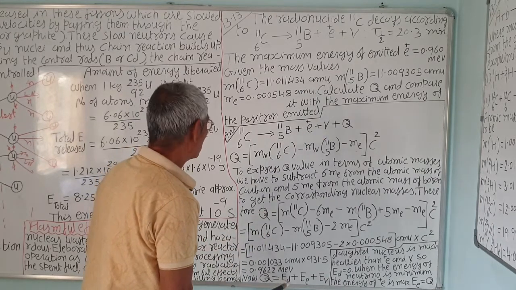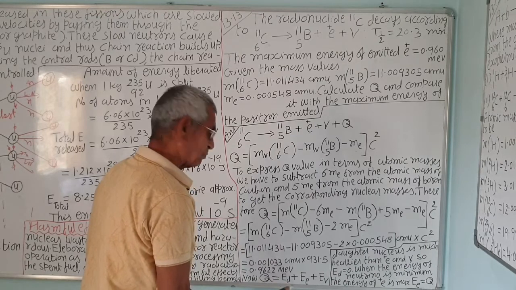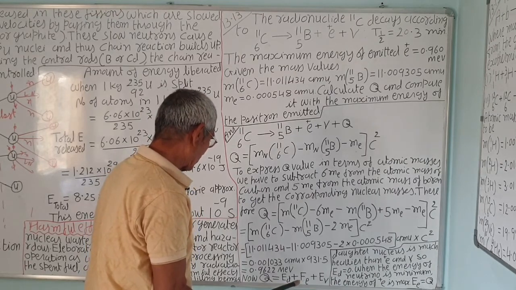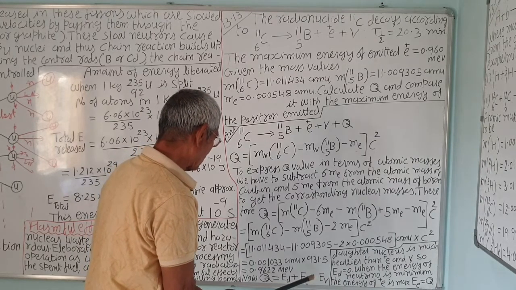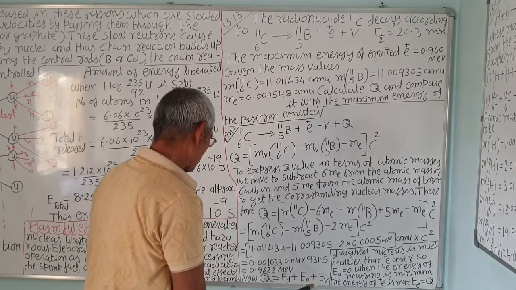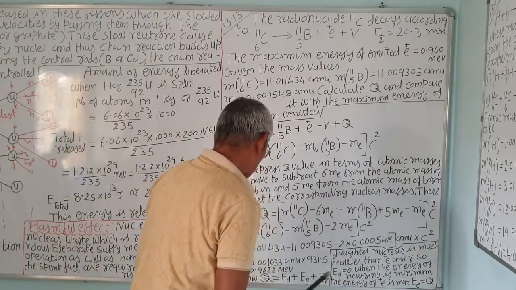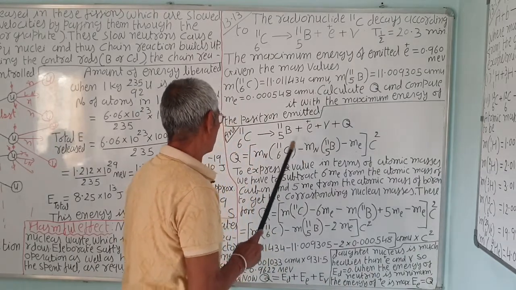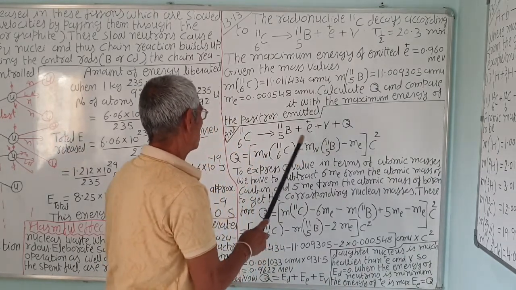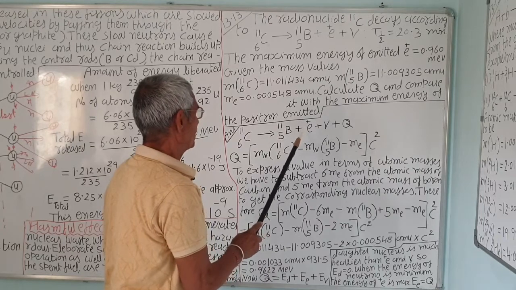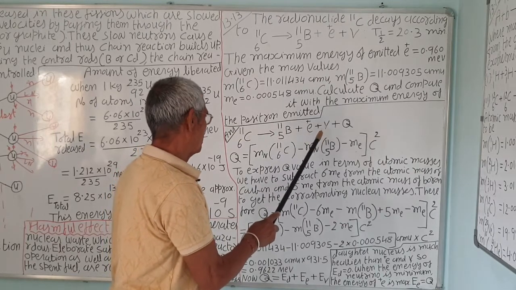So this is the energy of the daughter element (D for daughter), the energy of the positron, and the energy of the neutrino. Now the daughter nucleus, this boron, is much heavier than the others, so the energy will mostly be the kinetic energy of these two.